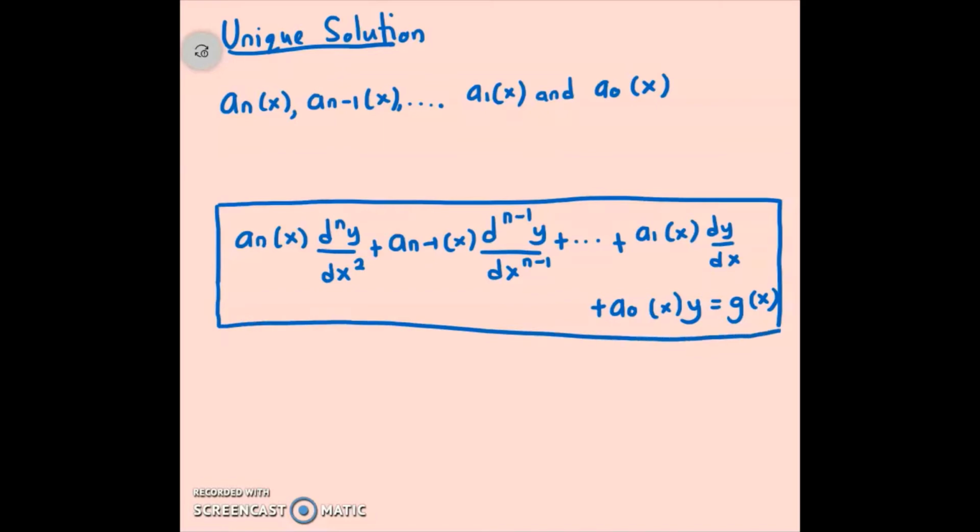For the coefficients a_(n-1) to a1, they must be continuous on the interval given. It's continuous on an interval I, and a_n(x) cannot be 0. Then if x equals x naught, any point in the interval, the solution to this initial value problem exists on the interval and is unique.